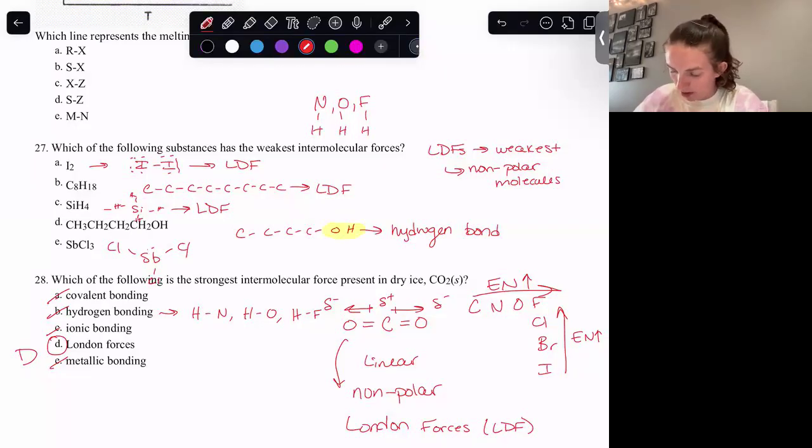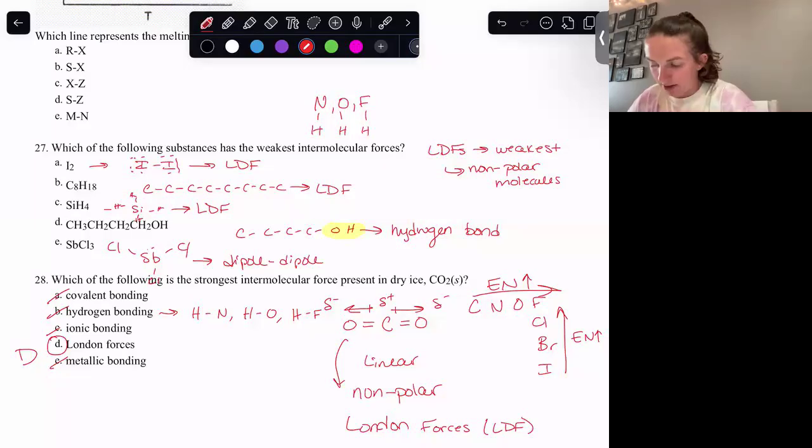And then what about SbCl3? What can that do? Yep, this is dipole-dipole.